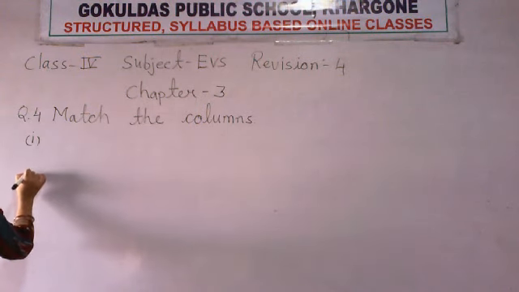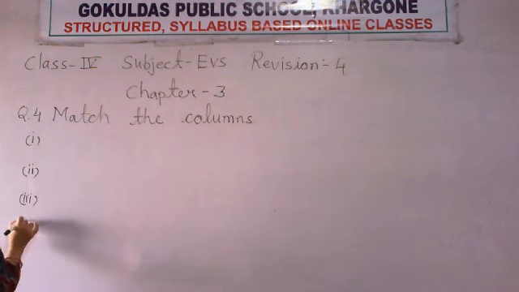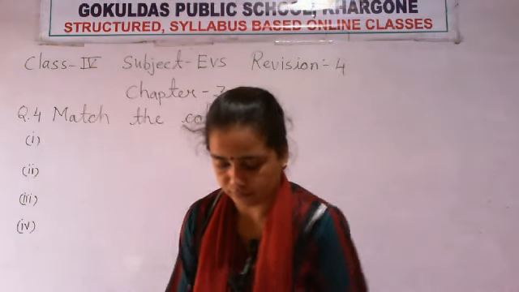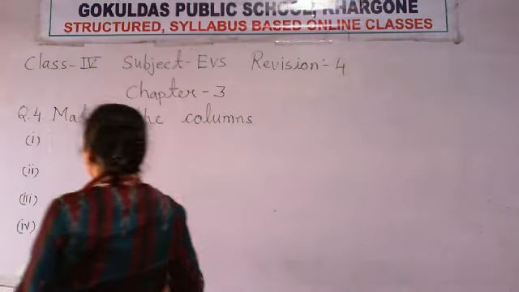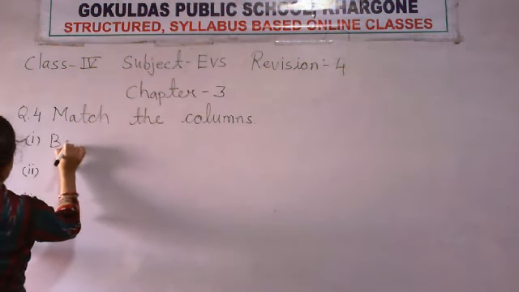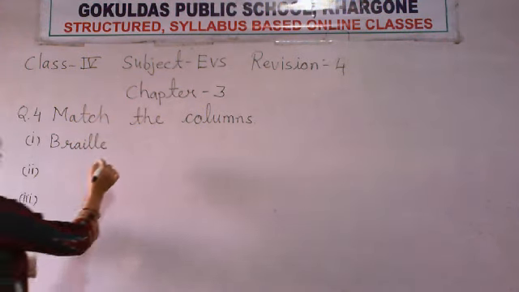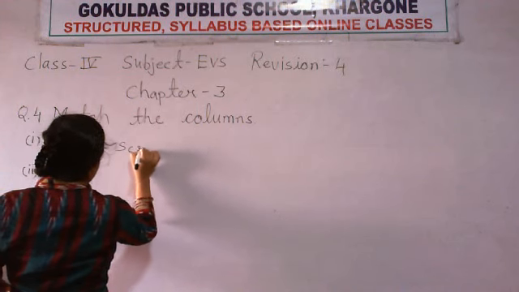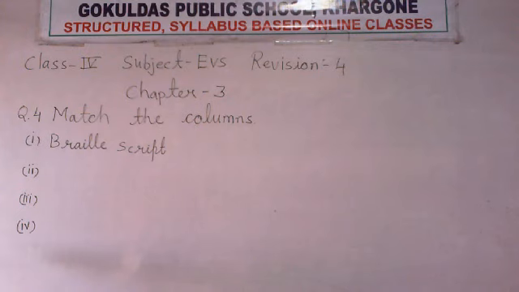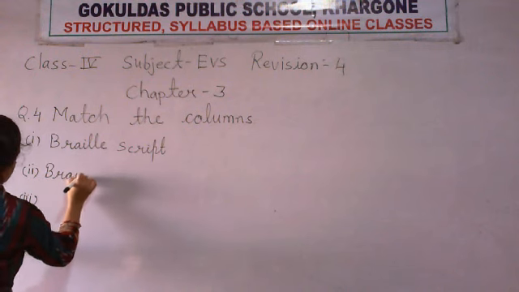Now start writing. Writing the number 1, Braille script. Now in the second number write brain.